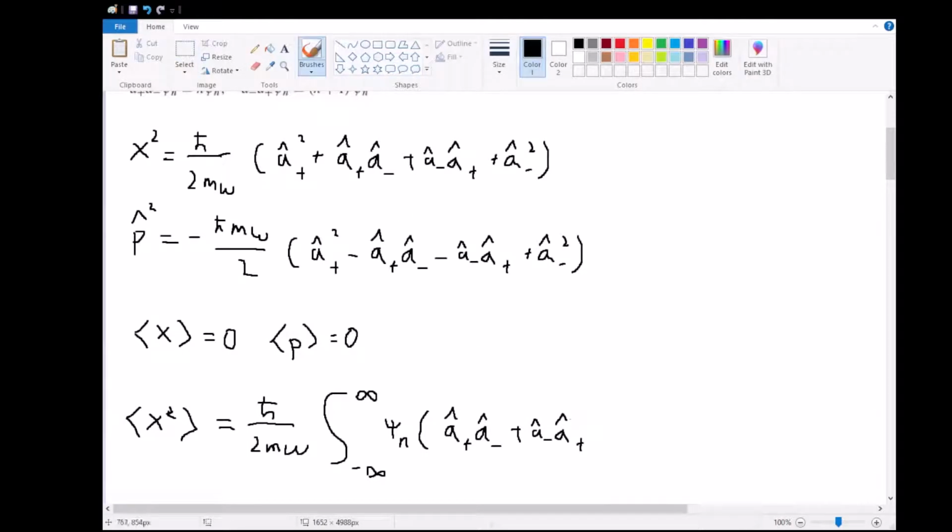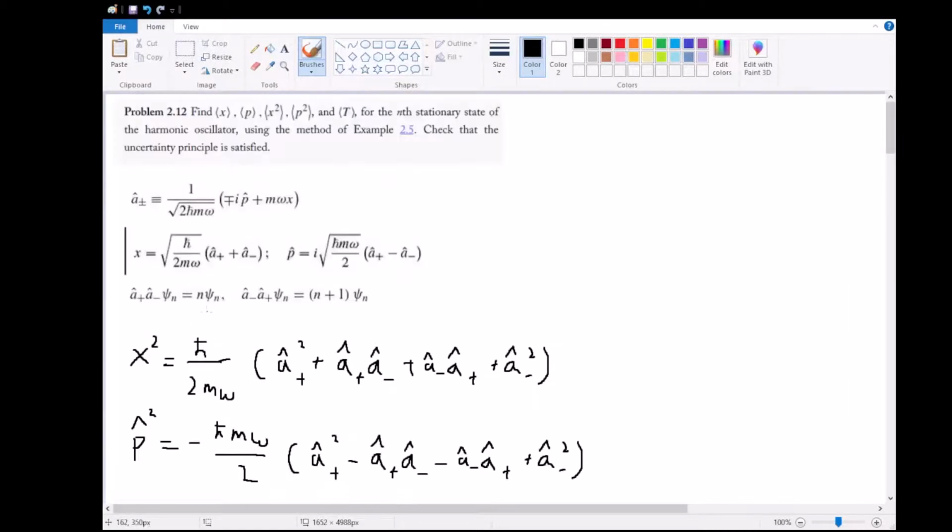So these are the only ones we don't actually discard. And the reason why we don't discard them is because a hat plus a hat minus acting on psi n returns it to just psi n again, but with some new constant at the front. So because of that, we actually do keep these, because these integrals don't go to 0. We close this off with a dx, and then we use this formula.